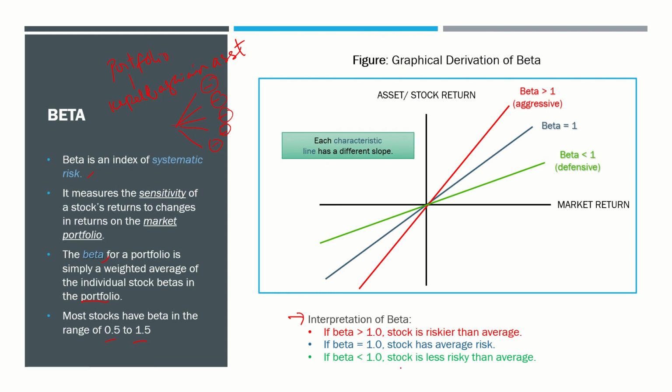Kalau below daripada 1, stock is less risky than average. Okay. So, beta of the stock larger than 1 is aggressive lah. So, meaning that it expect to get higher return.